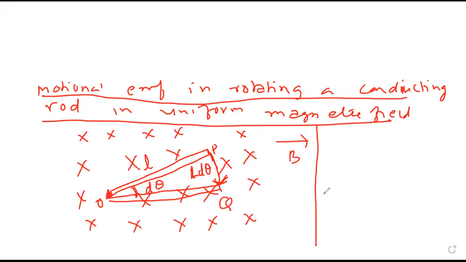A rod OP of length L is rotated with angular velocity omega in a uniform field to position PQ.